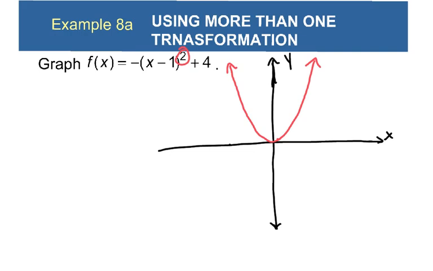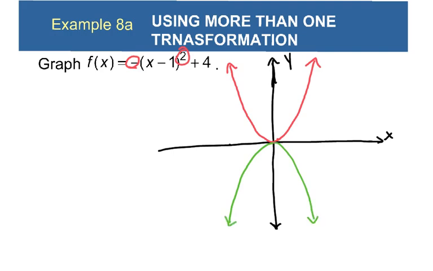Remember, if we put a negative to the entire outer function, and that's what this is telling us, it's on the outside of our function x squared, it is going to flip across the x-axis. So I'm going to draw that in green here. So it flips.